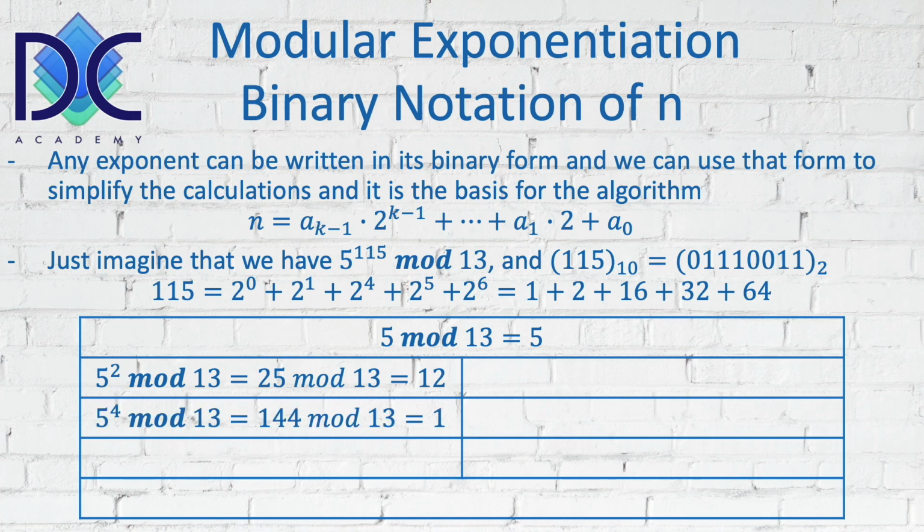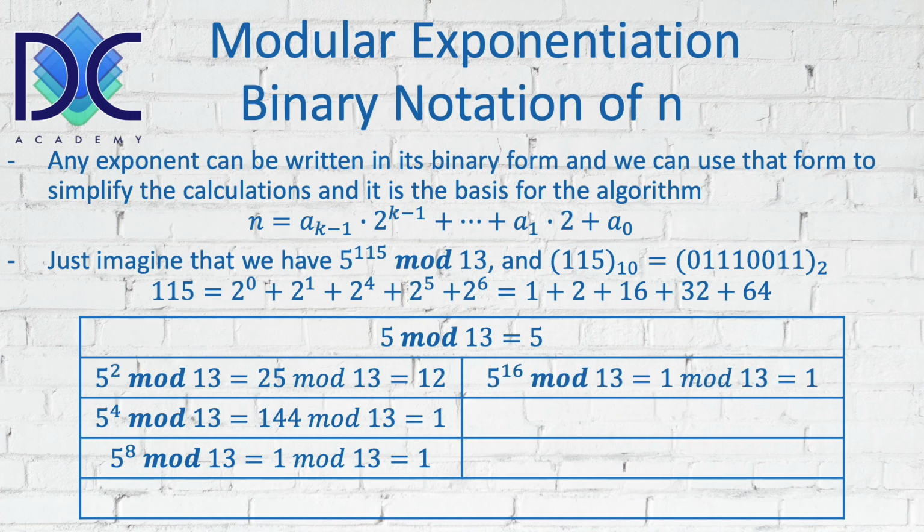Now 5 to the fourth modulus 13, so I have to multiply twice 5 to the square modulus 13, which is 12. 12 times 12 is 144, so 144 modulus 13 is 1. Then we have 5 to the power 8 modulus 13 is again 1 modulus 13, because I have 1 times 1. 5 to the power 16 is again 1. 5 to the 32nd modulus 13 is again 1 modulus 13, because we have 1 times 1 is in fact 1.